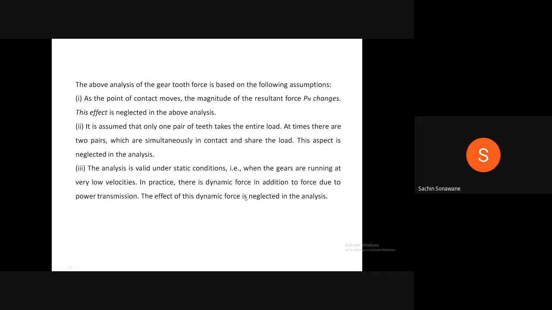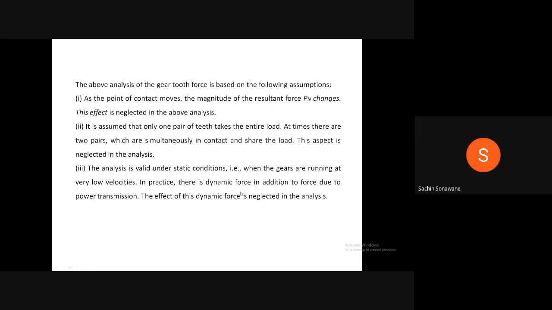The effect of this dynamic force is neglected in the analysis. Write down these assumptions and we will stop here.